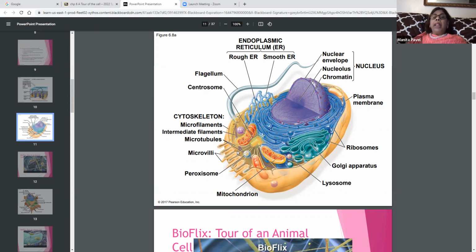And so this is the function of the cytoskeleton, to give the cells in our body shape and support. And so centrioles, or centrosomes, will be formed with the help of these microtubules.